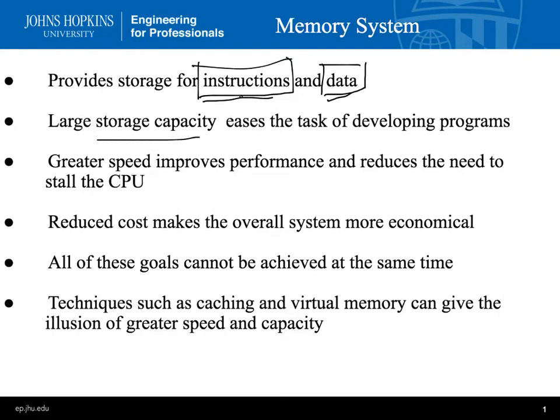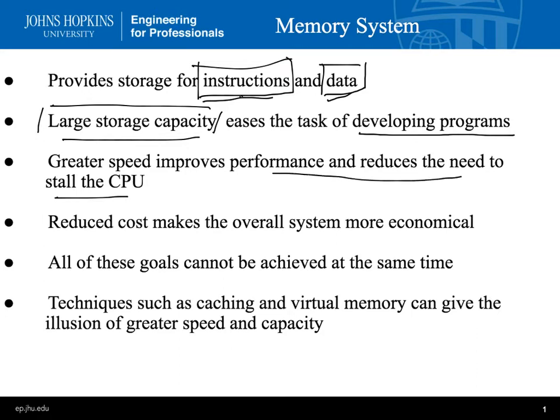So we want a large storage capacity because we want a lot of room for programs. And if we are running up against our capacity, we have to be very clever about how we do our programs so they take up less space. But if we have tons of capacity, that's not such a burden. Of course, we want it to be fast.